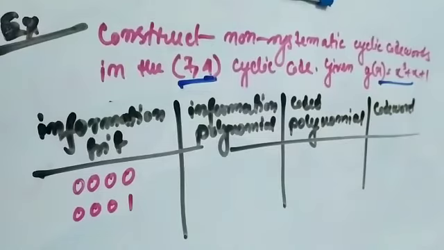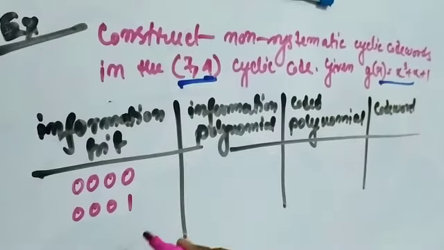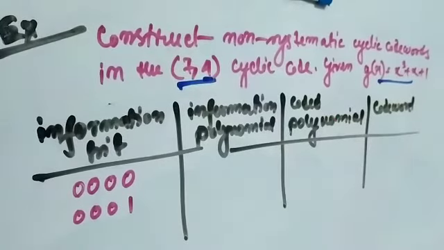Likewise, the other bits I have written here. Every time you should maintain this pattern. Whether the number of bits is 4, 5, 2 or 3, always this arrangement or pattern is maintained. So as it is 4 bits, therefore 16 code words are present. That means you have to find out the 16 information bits.